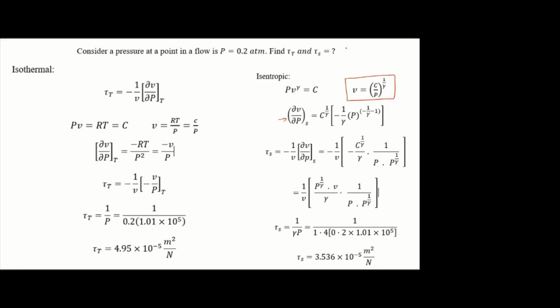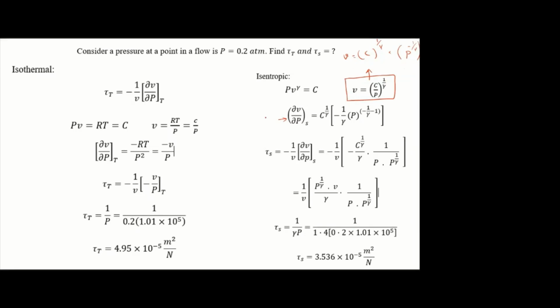So how I am splitting this: C power 1 by gamma is constant, and 1 divided by P power 1 by gamma, I can write it as P power minus 1 by gamma. Is that correct? This term I am expanding like this, C power 1 by gamma, and 1 by P power 1 by gamma I am writing as P power minus 1 by gamma.